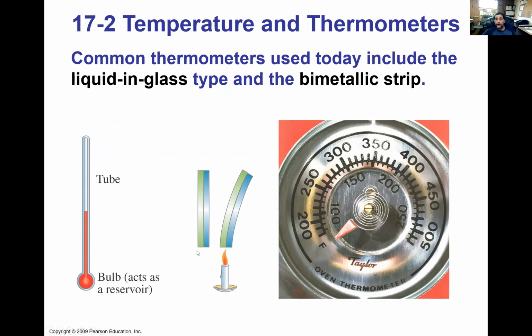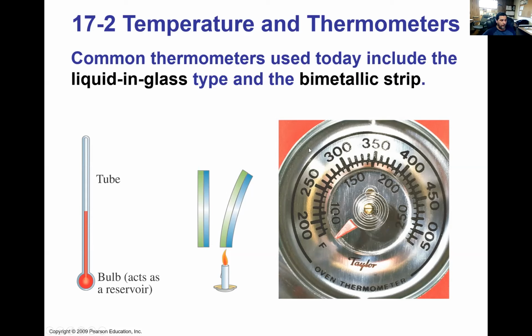When I was young, and you can still get them, but they're more for academic type settings, there were thermometers that are filled with mercury. You don't see them much. I don't think you can buy them anymore. There's usually a red liquid, probably alcohol or something that it's filled with, and there's a bulb at the bottom that acts as a reservoir. When it gets hot, it expands, and it's calibrated to the markings on the side of it.